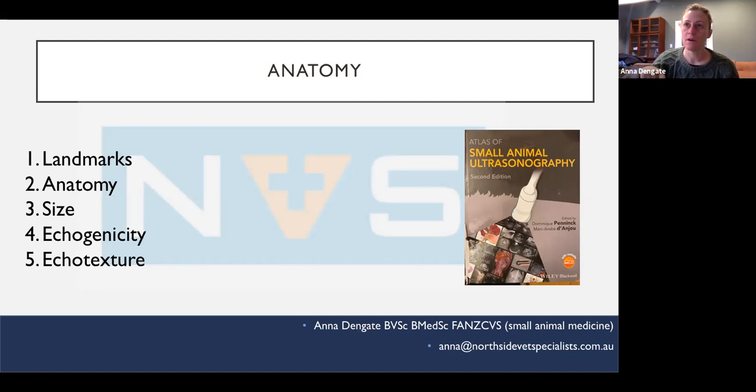With ultrasounds, what I usually do is have the notch either pointing at the dog's head or pointing at the dog's spine, or anywhere between that. My notch will never be pointing caudally. Just so on all my images, I can say that's cranial or that's dorsal. Does that make sense?